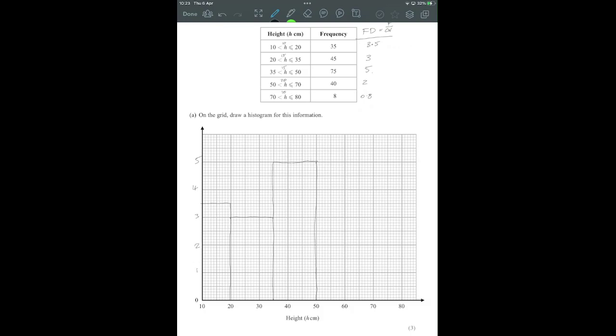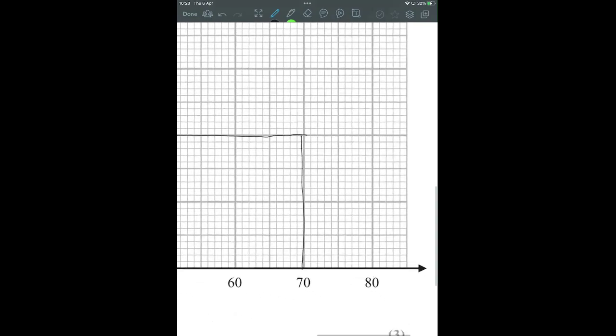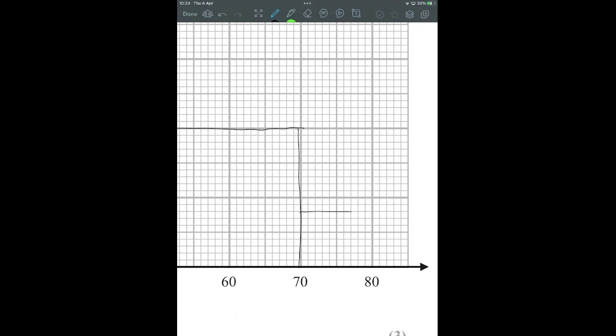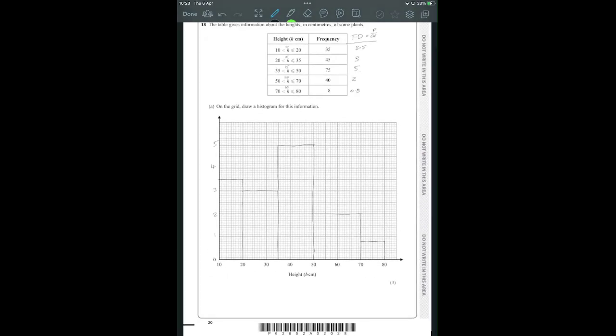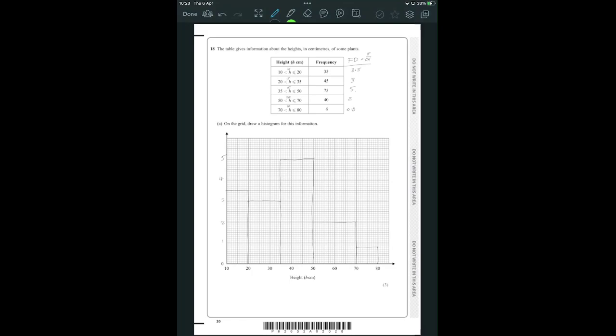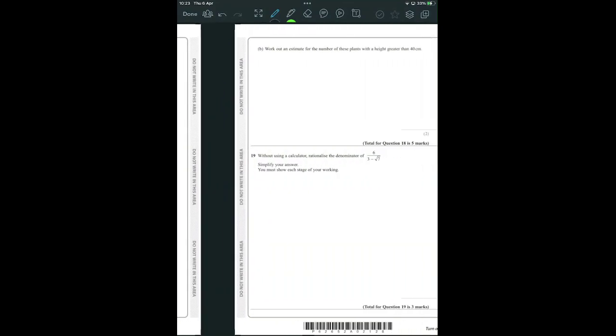Between 50 and 70, this is going to be a long bar, a height of 2. And then finally, between 70 and 80, I want a height of 8. So I'm going to zoom in to make sure I get the right bar. And voila. Now this was only part A, so let's see what part B has to offer.